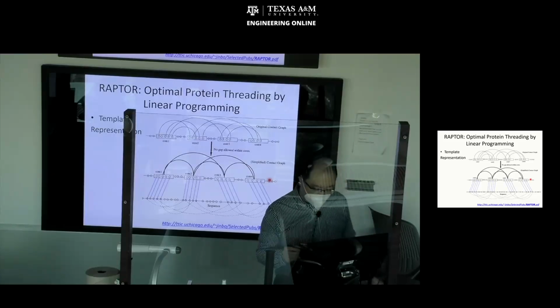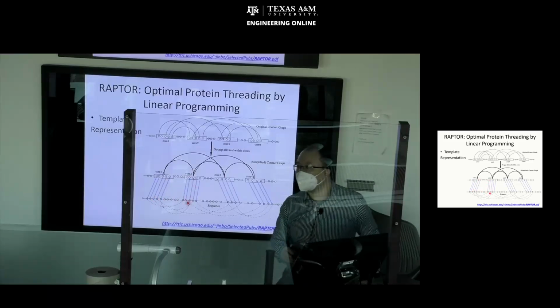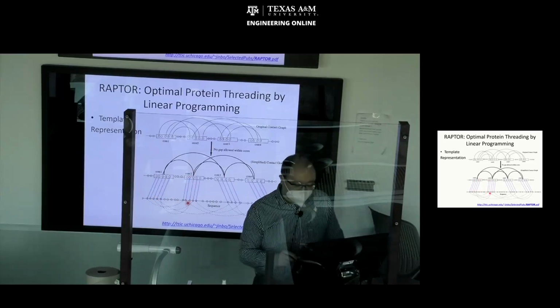So if there is a contact between core 1 and core 2, and I know that core 1 is aligned to these positions, and core 2 is aligned to these positions, then I will have an interaction between the residues across the positions aligned to core 1 and core 2 respectively. So that's a dashed line.